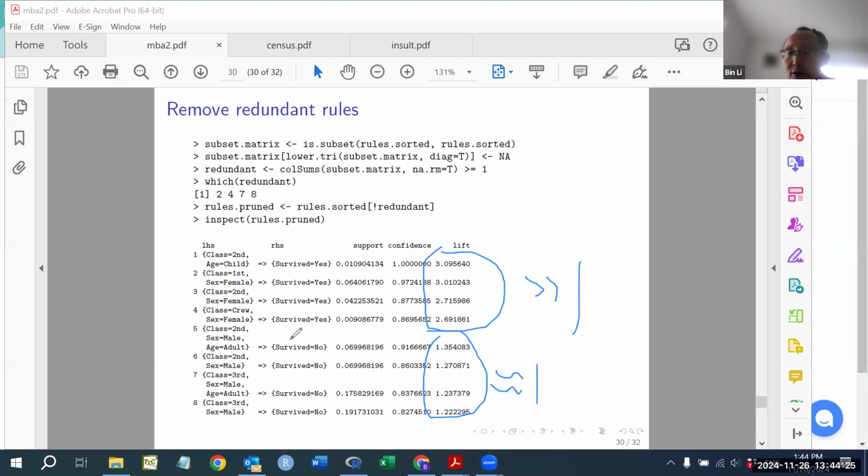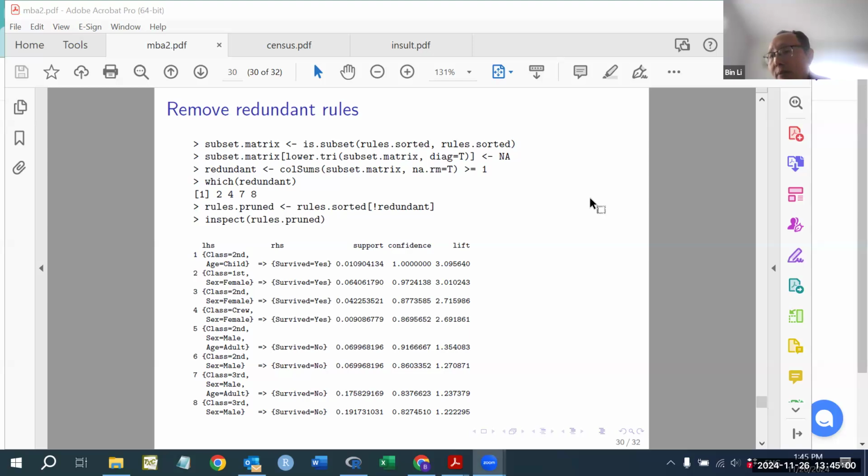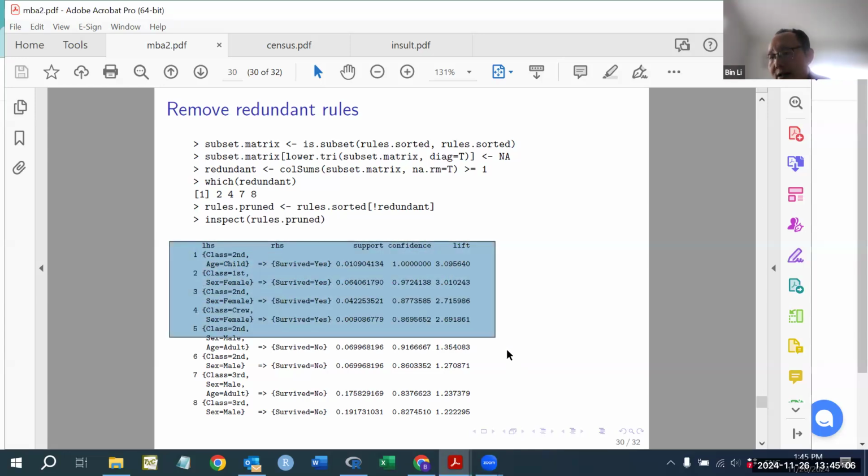So what does that mean? It means it's much easier to find those rules that indicate the passengers survived. Identifying those rules that indicate the passengers did not survive is harder, as they lack association strength. They are more like random, and this is quite common in association rule mining. It's much easier to identify one situation rather than the other.